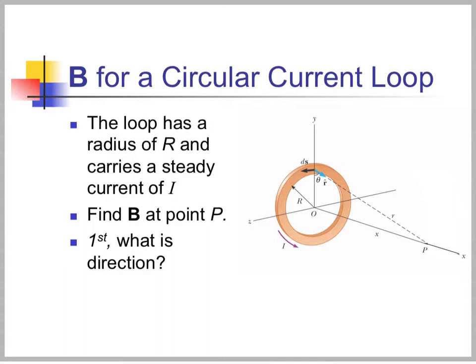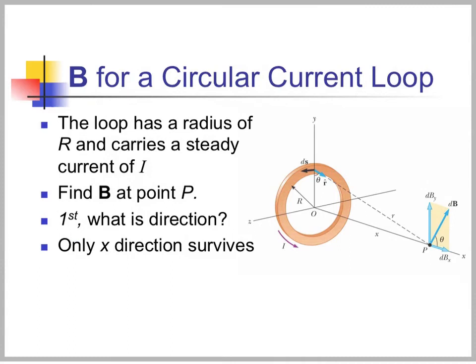Well, we know that the direction at this point is ds cross r hat. So if I use my right-hand rule and go ds cross r hat, and r hat is pointing down at this angle, I see that dB points up in this direction.